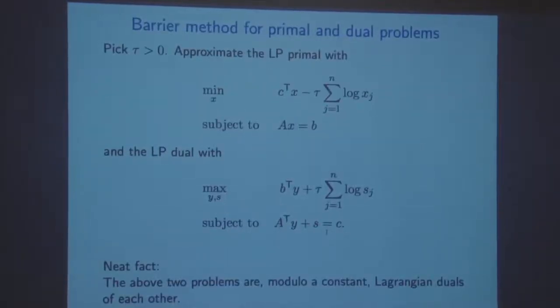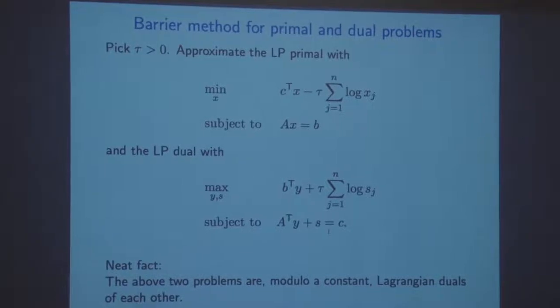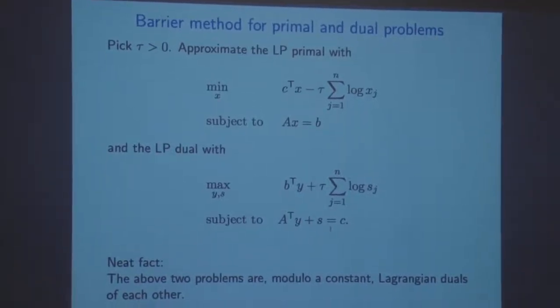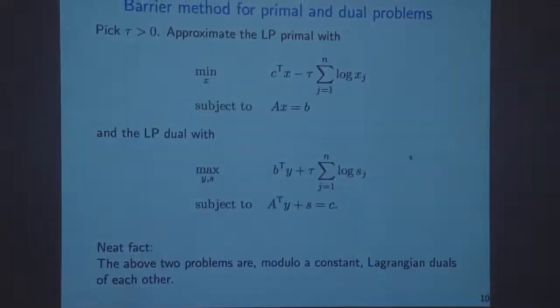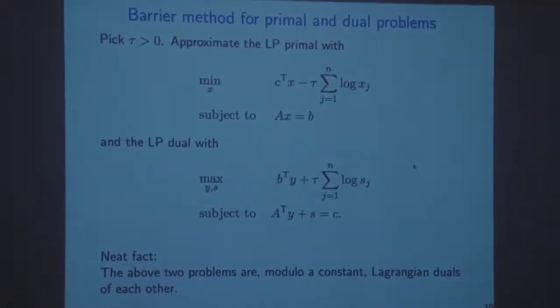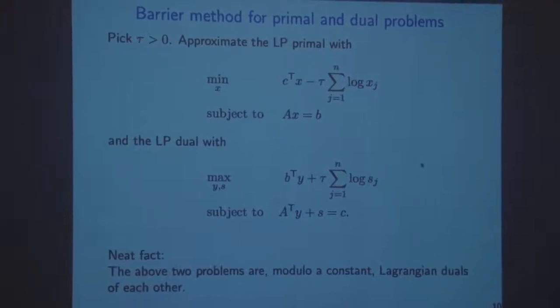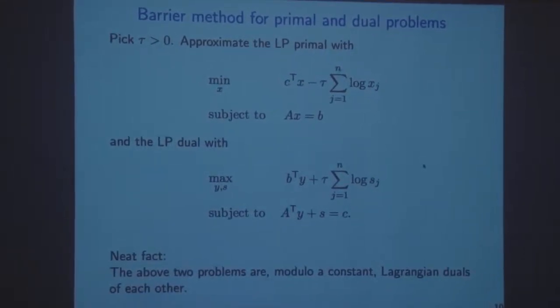How many possible values for x(tau) are there? How many possible values for y(tau), s(tau) are there? How many solutions do we have to the barrier of the primal? And how many solutions could we have to the barrier of the dual problem? What happens to the objective that we are minimizing in each one of the two cases?